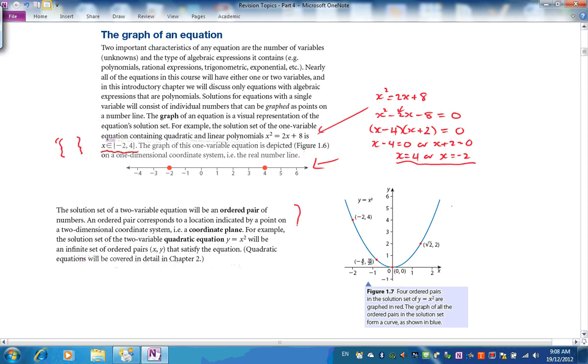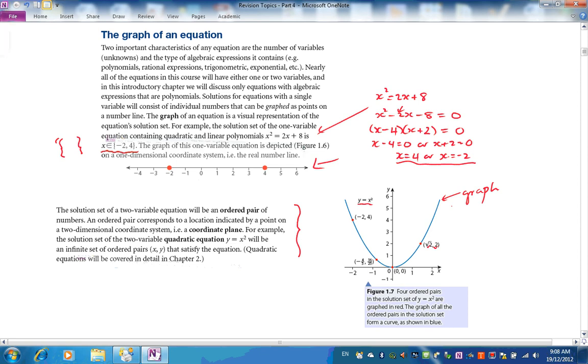Okay, so what about the solution set of a two-variable equation, something like y equals x squared. So, for example, if you took y equals x squared, this is the graph of y equals x squared, and here a point will have two values, an x value and a y value, so that the point falls on the graph given by that equation y equals x squared.